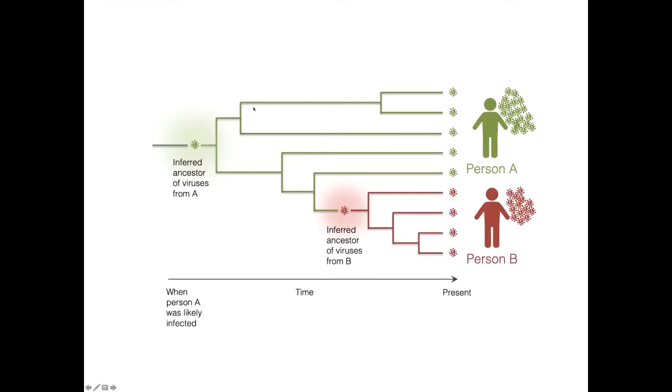So each point on these lines is an actual virus that existed at some point in the past. And when 2 lineages coalesce, that means that these viruses actually have a common ancestor from this point, and at some point one of the descendants became this virus, or kept on replicating until its descendant became this virus, and the other ancestor kept on going until its descendant became this virus.